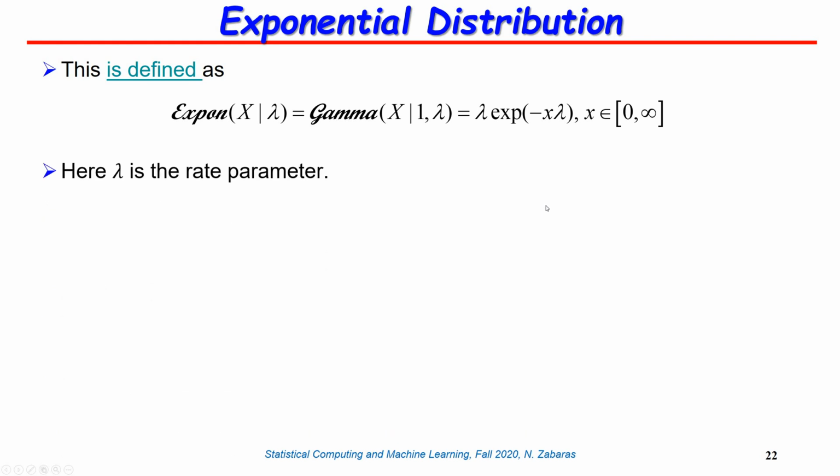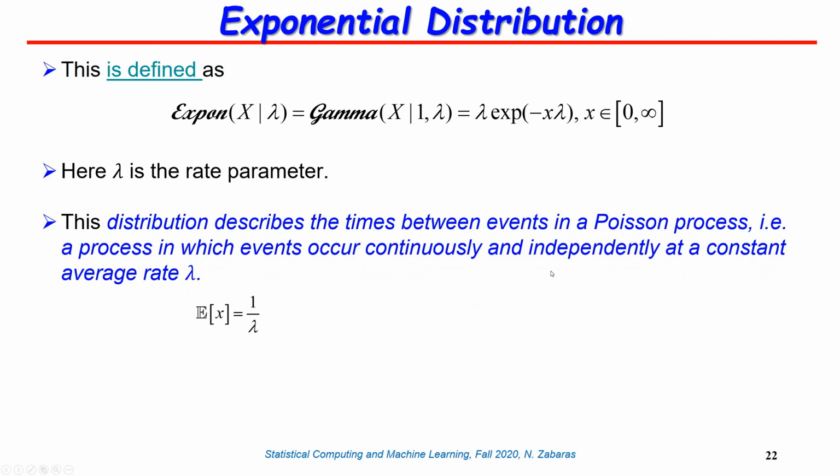I'm potentially going to say a few more things about these Poisson processes in one or two lectures if we have time, but here are some statistics, some of the moments for the exponential distribution.